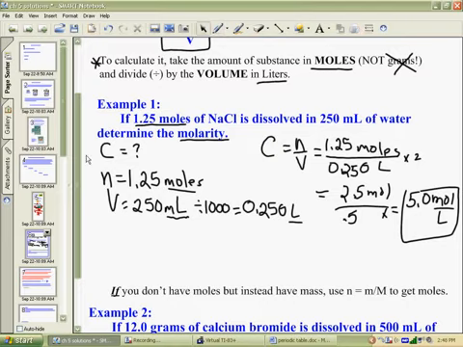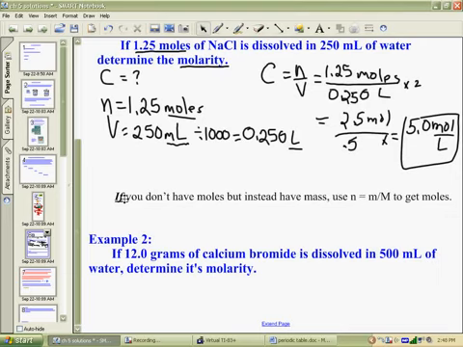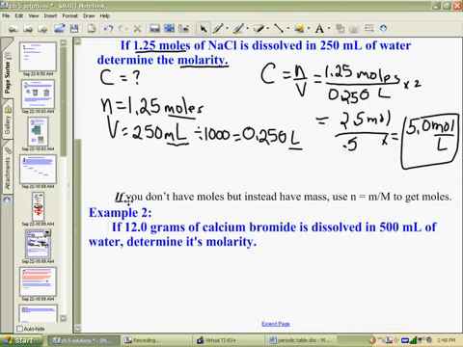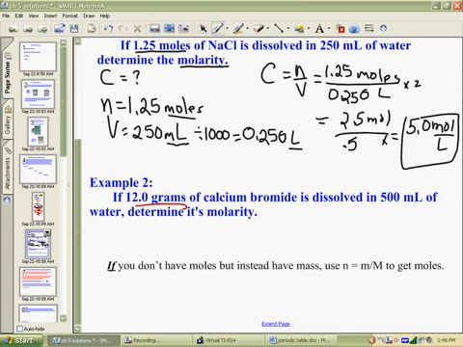You could now have a different type of example, where you have 12 grams of calcium bromide and you dissolve it in 500 mL of water, determine the molarity. Here they were not very nice, because they gave you a mass of solute and not the number of moles.